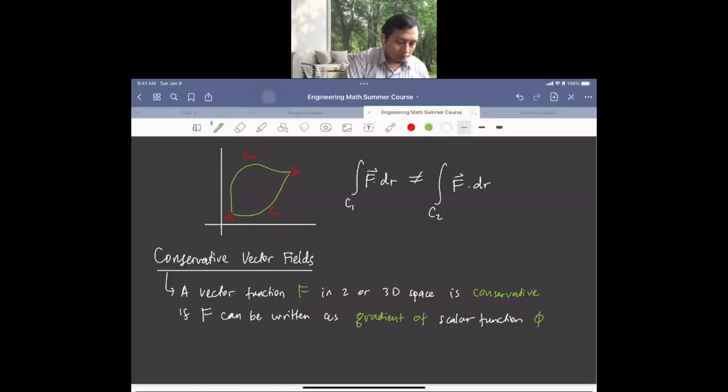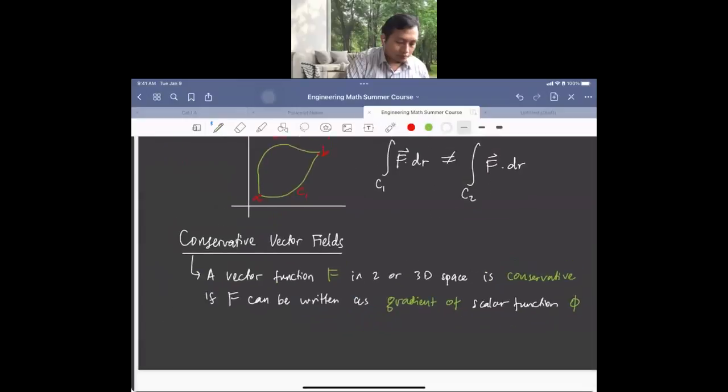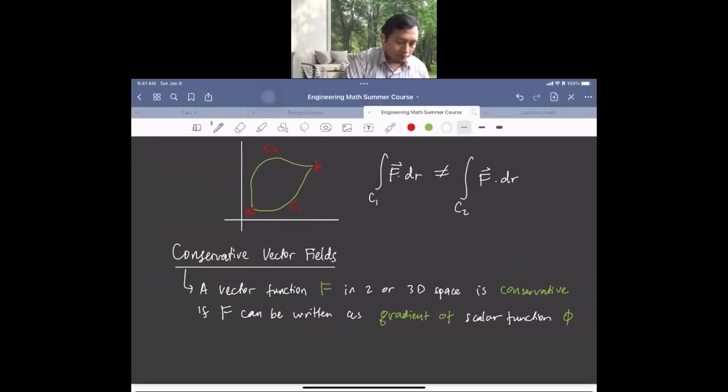In your textbook, it's written with this symbol. This function is called the potential function.